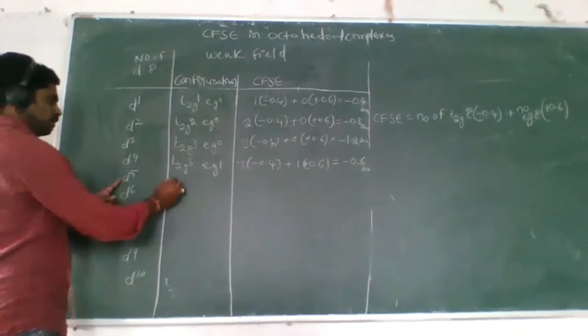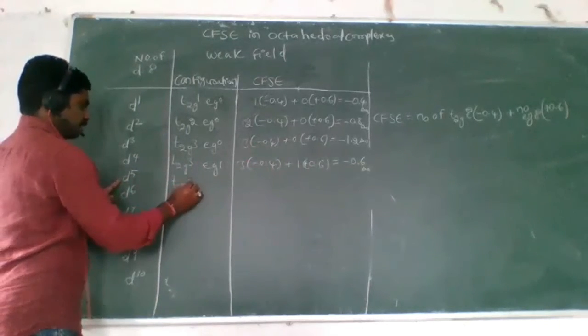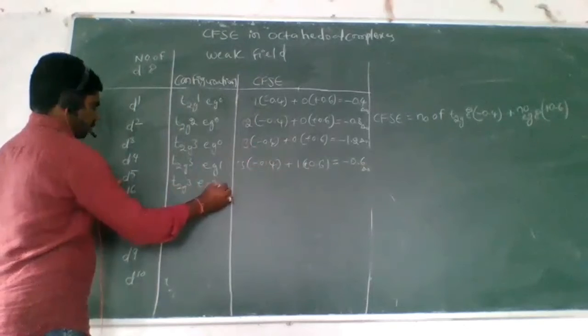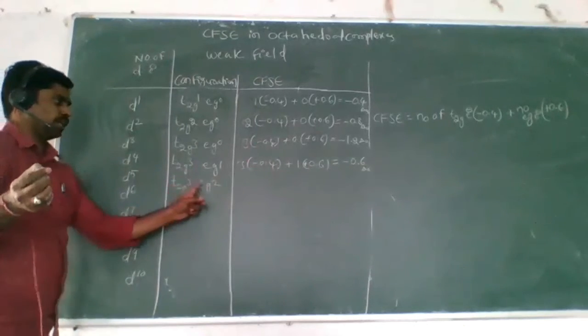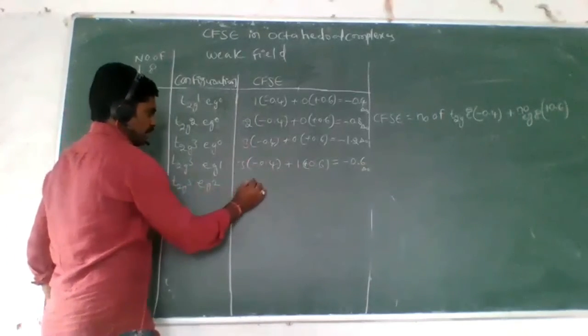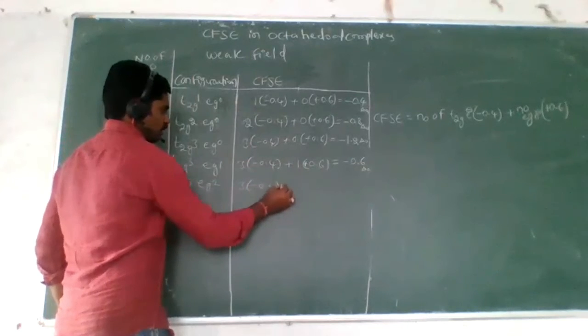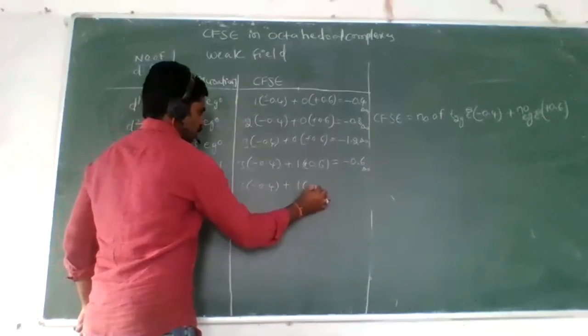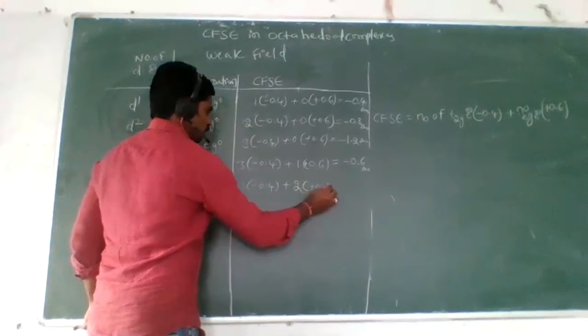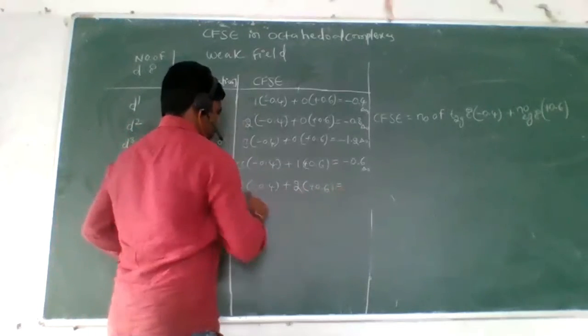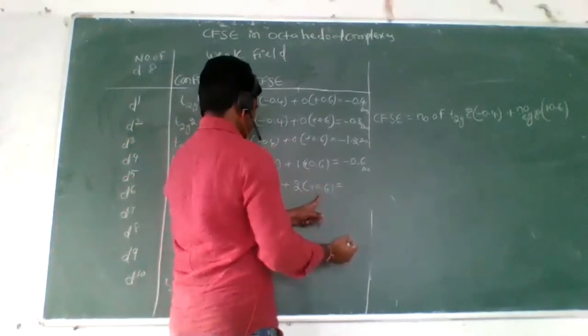Next one, d5. t2g3 eg2. Here is the half field. So 3 into minus 0.4 plus 2 into plus 0.6, 2 sixes are 12. Is that clear now?